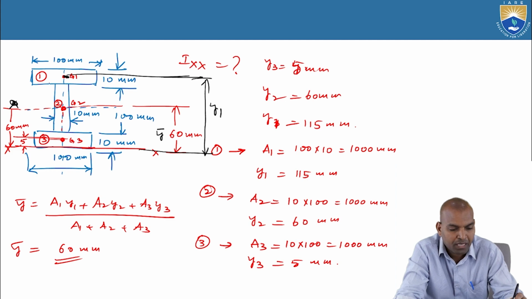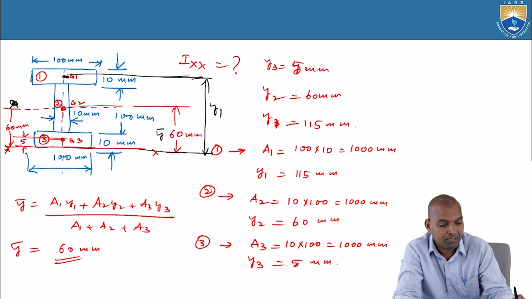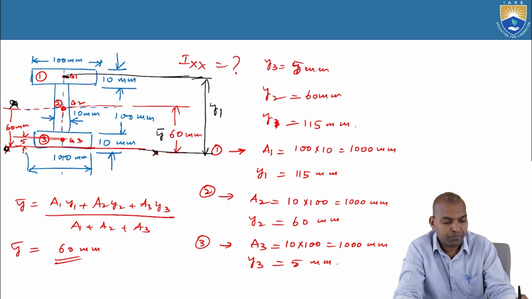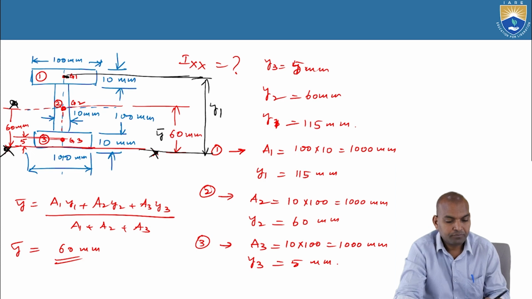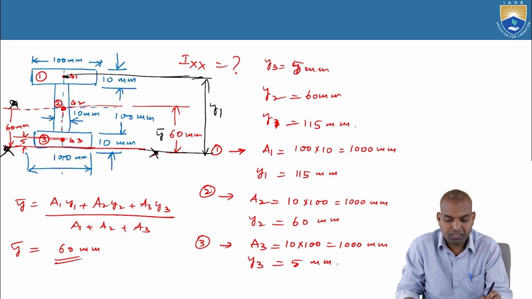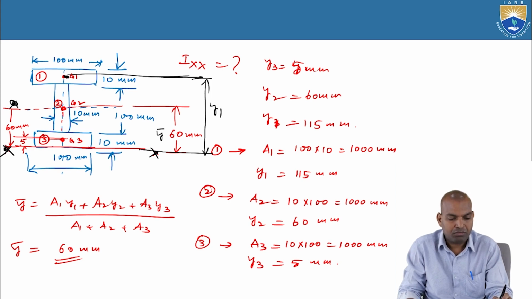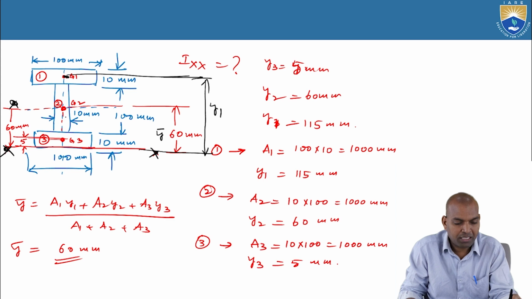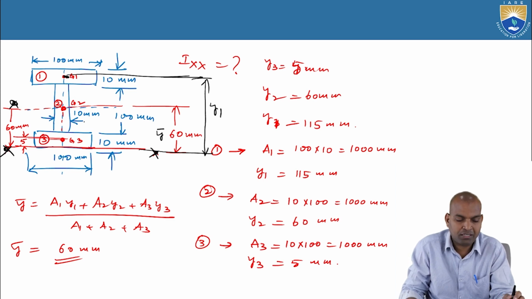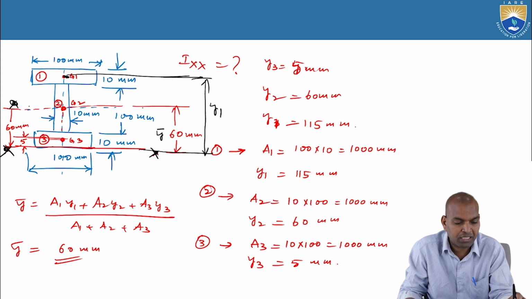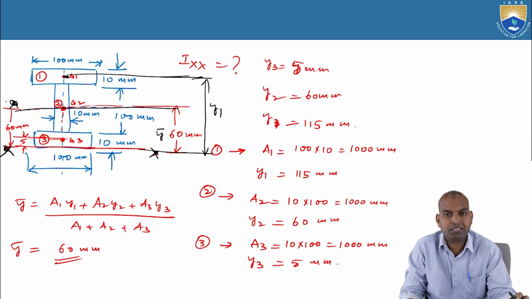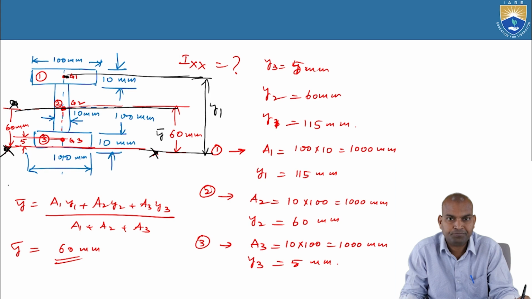Each individual area's b d cube by 12 about the centroidal axis we have calculated. Now not yet completed. This is the centroidal Ixx we want. Ixx equal to Igx plus the total of this area term. Now here, about this centroidal axis, we calculated the moment of inertia. Now, by using which theorem?